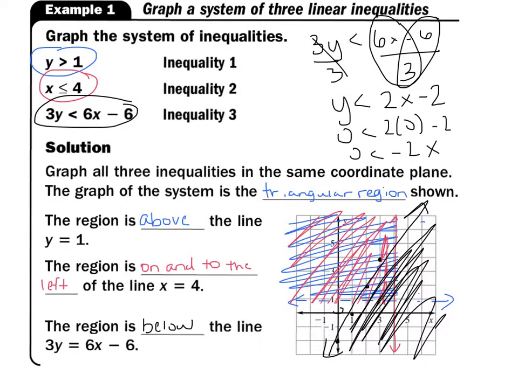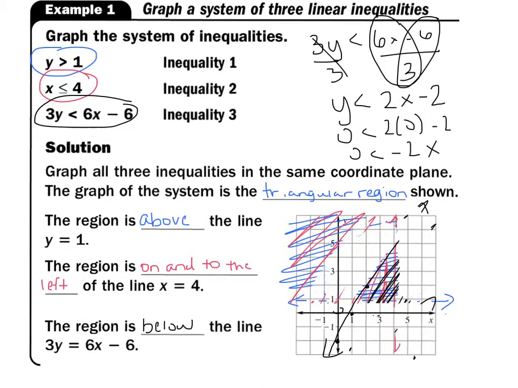Now again, I'm going to erase the areas that don't overlap. Now I can erase this area because it didn't overlap in black. And so our answer is this shaded area, which is a triangle.